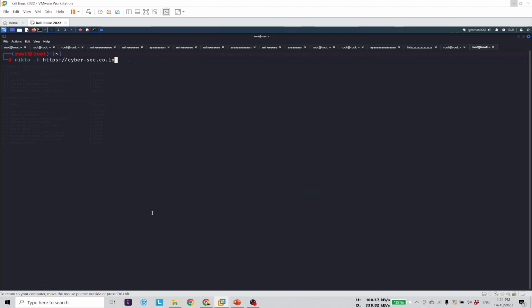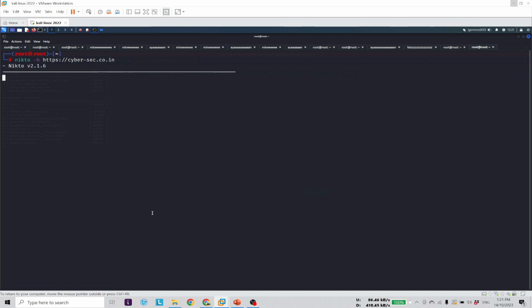Let's see what this tool can do and what type of vulnerabilities it can discover. It can take a long time. You can try on different websites, but do not go the illegal way. Take permission, or you can find some bug hunting websites where you can directly perform the scans.